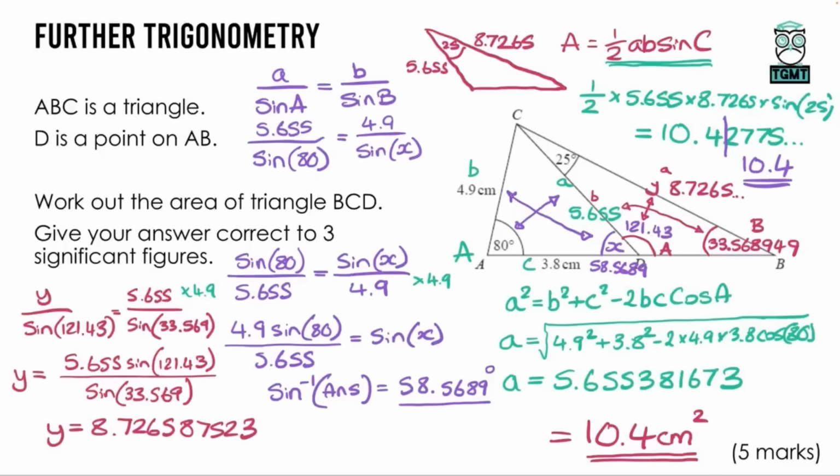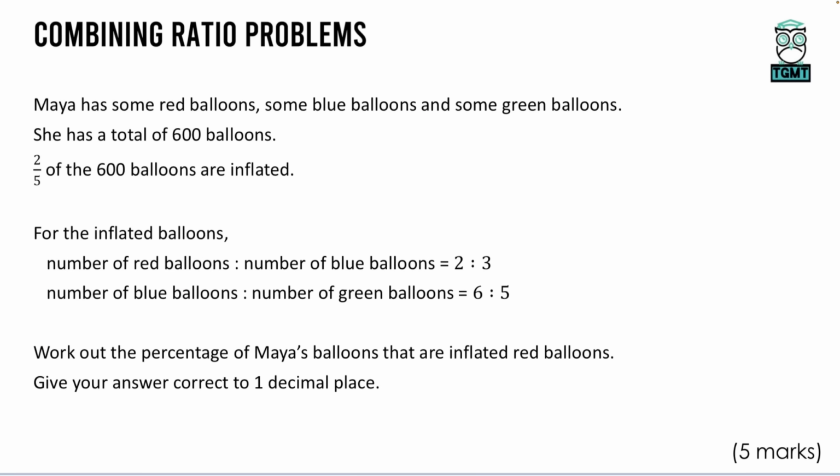And there you go, there is some further trigonometry. Okay, so if you've ever sat any past papers or practiced any past papers, which I'm sure that you have, you'll recognise questions like this. Lots of words, fractions, ratios, sometimes percentages involved. So we need to go step by step through questions like these. First, read it through, figure out what it's asking you to do, and then just go step by step from the top.